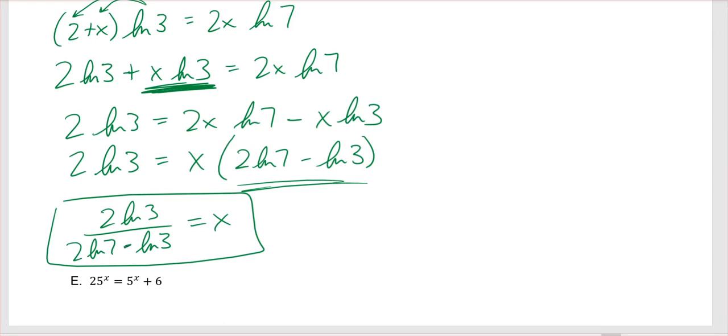What we could also do, and part of some confusion that might exist, is use properties of logarithms to clean this up a little bit. Now, if we're just asked to find the solution, we've done it and it's over. But if we're asked to maybe write it as one logarithm or something like that, that might not be as easy of a task, but we can sure simplify it.